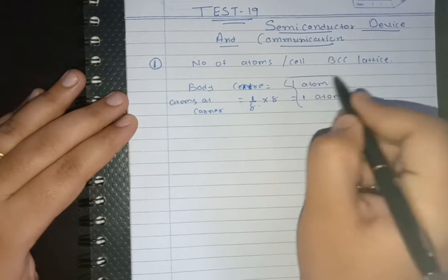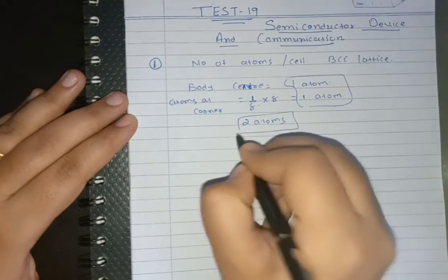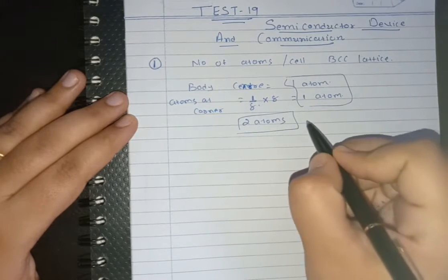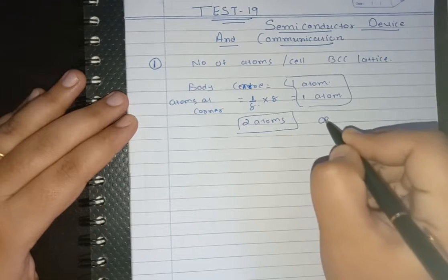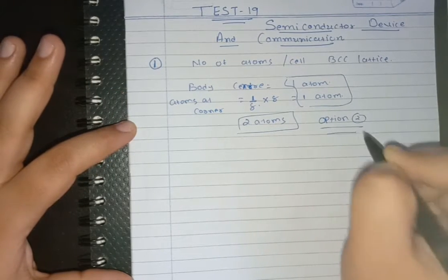So there will be 2 atoms in BCC lattice per cell. So option 2 is correct option.